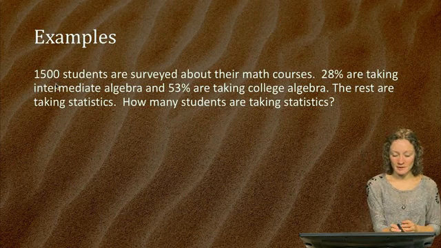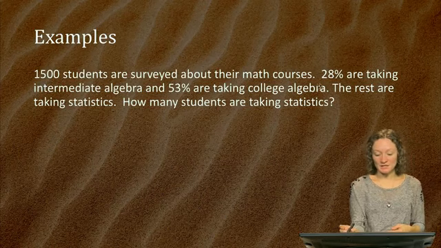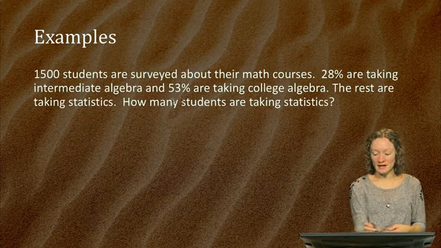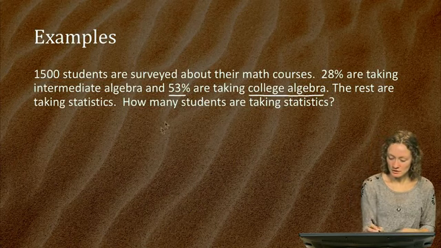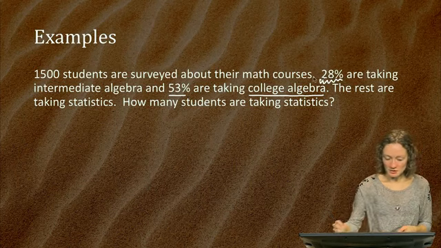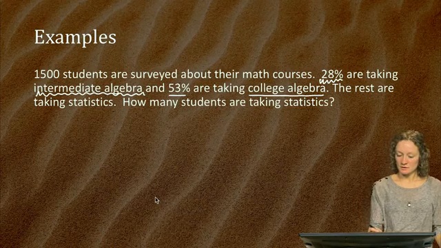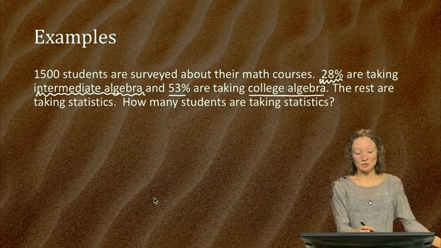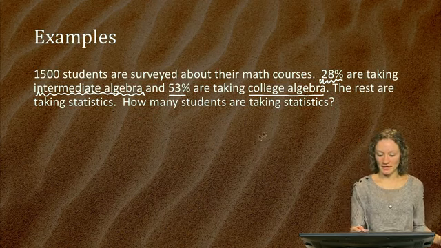So looking at this information, we know how many students total were surveyed, and then we have some percentages for college algebra and 28% intermediate algebra. Okay, so sometimes it's easy to come up with a description for the answer before going any further.